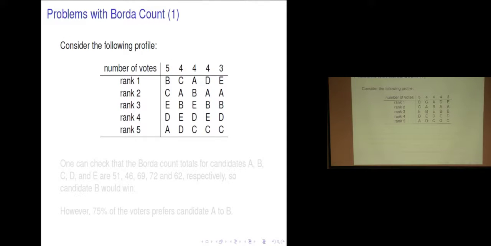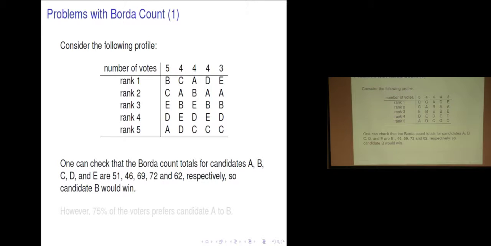Okay, so now is this the ideal or the best? So the problem is Borda count. Well, there are probably several problems. So well, somehow we look at this profile. So you can check that the Borda count totals for A, B, C, D, E are these numbers.